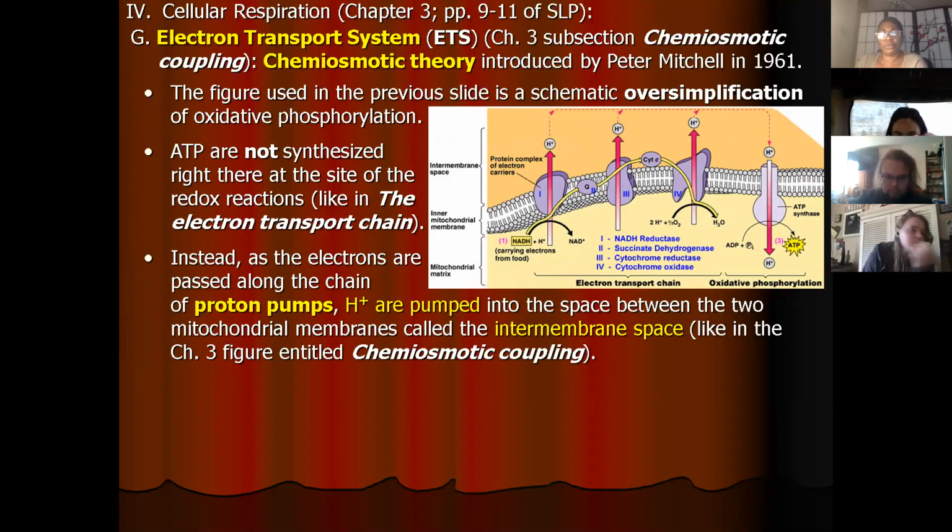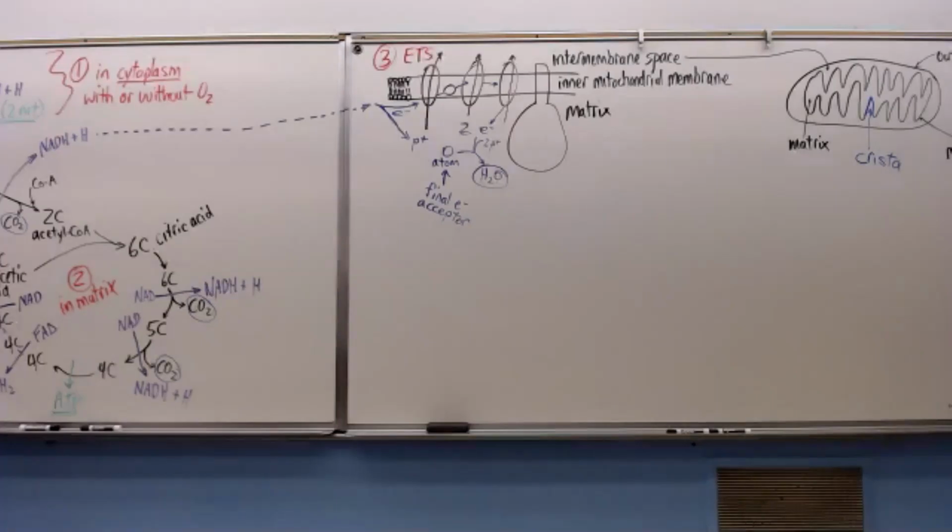As the electron is being passed from one boulder to the next, it's taking that proton from the matrix and pumping it into the intermembrane space from the matrix. So what I drew on the whiteboard is very similar to what is in this figure, with the intermembrane space on top.